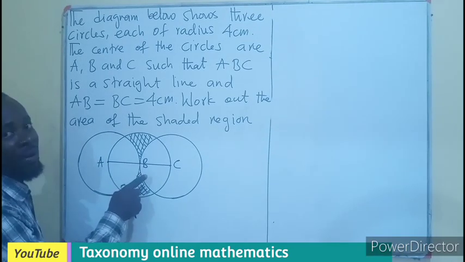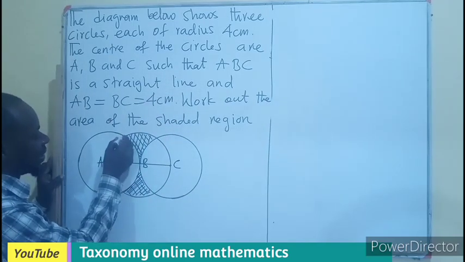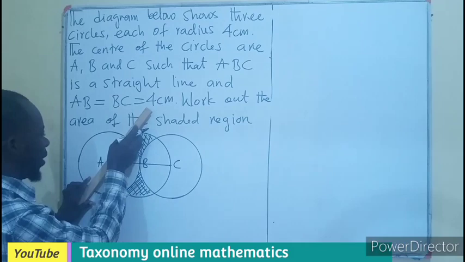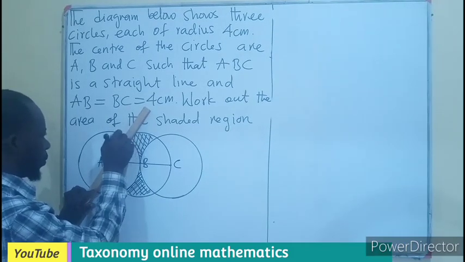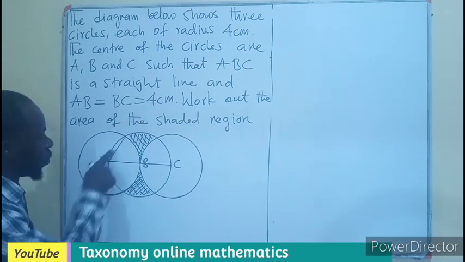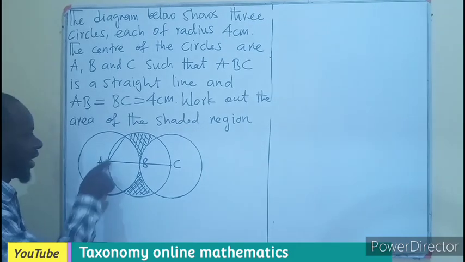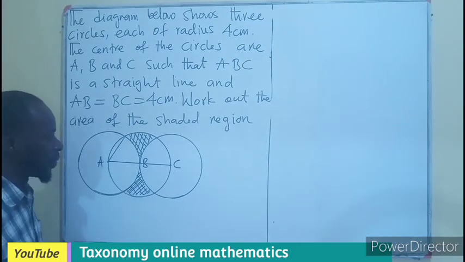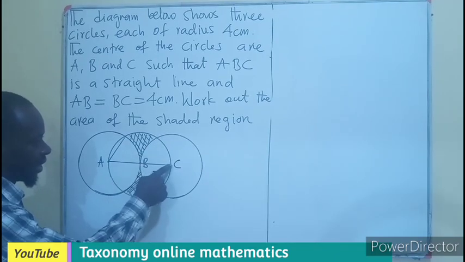So AB is a radius of 4 centimeters. And where they intersect, if I draw a line, this line is also a radius, because it is from the center touching the circumference. Same here, here, here.